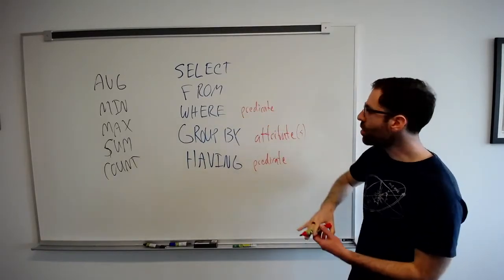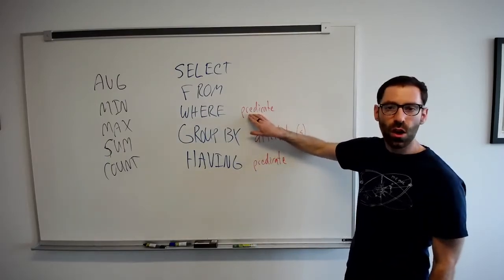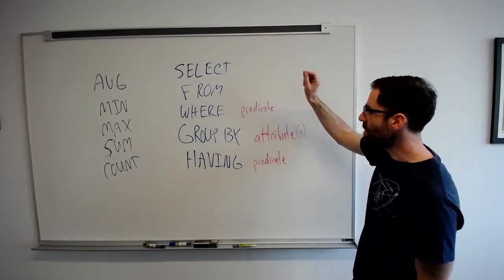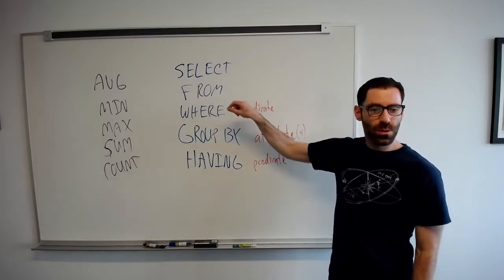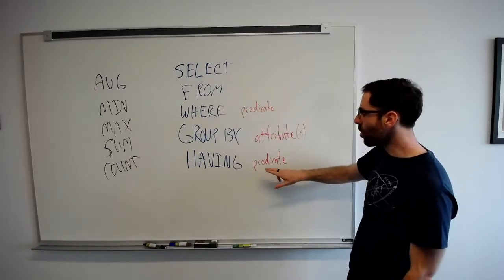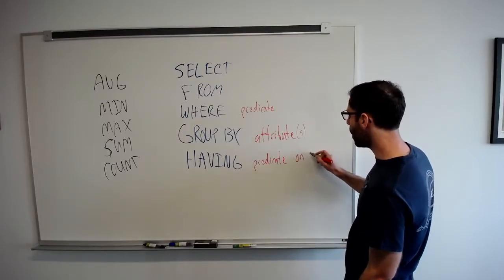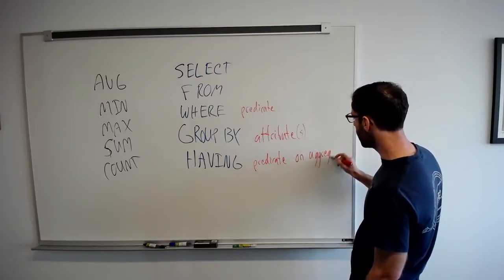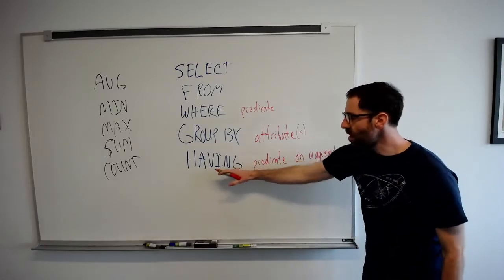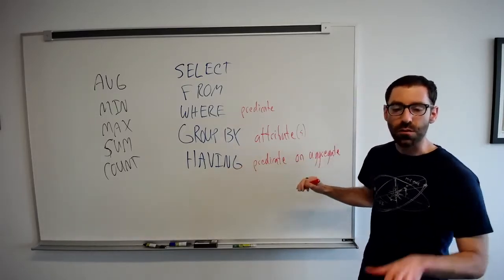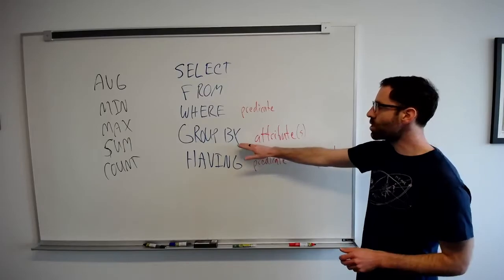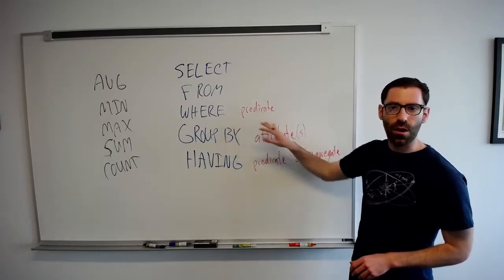So we can filter in the where clause by some individual attribute value of our tuples, and in our having clause we can have a predicate on an aggregate. This having is what we would use to filter according to some aggregate that's coming out of the grouping.